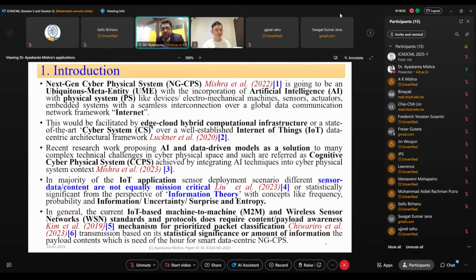In general, the current IoT based machine-to-machine communication for wireless sensor network standards and protocols does require some kind of attention regarding content payload awareness. Based on the statistical significance of the amount of information, we need to differentiate the quality of service of the data communication inside the network.